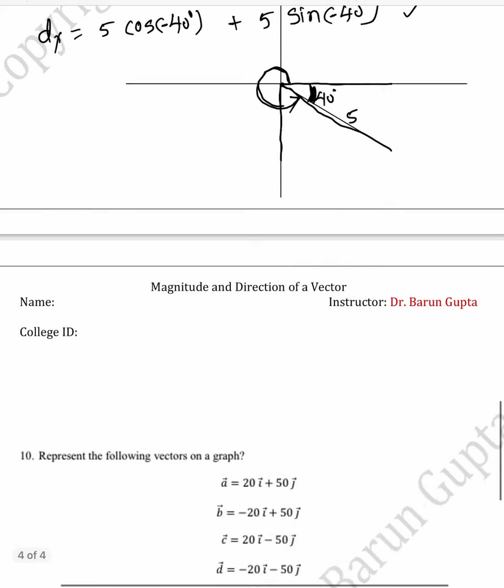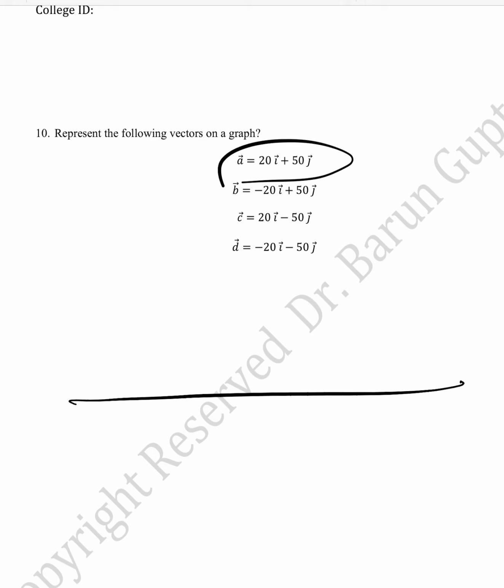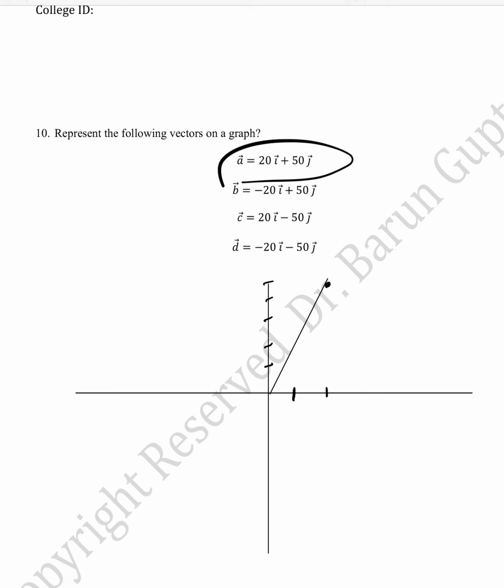Now the last one, we have to represent these vectors on a graph. This is very straightforward, 20i plus 50j. So if I consider this is 10, this is 20, and this is 1, 2, 3, 4, 5. So somewhere at this point, this is my 20i, and this is 50j.